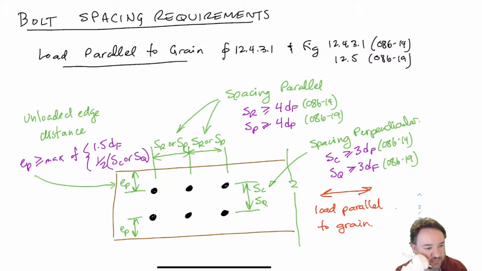So that is EP, the unloaded edge distance, and it is the maximum of one of two values, either 1.5 times the fastener diameter, the bolt diameter, or half of the perpendicular to grain spacing. Okay, and I say SC or SQ because it depends on which standard you're using for what the actual symbol for that is. Okay, and then the last one.